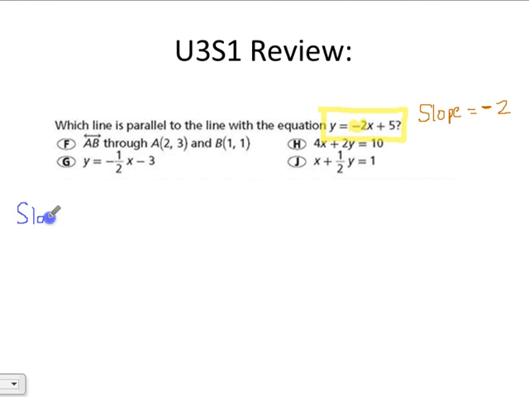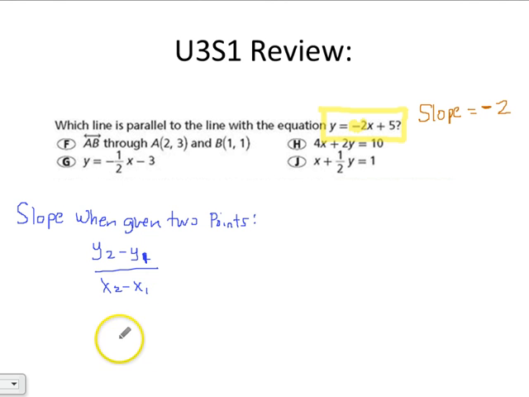So slope, when given 2 points, we find by subtracting your y terms, y2 minus y1, and dividing over the subtraction of your x terms. Slope, remember, is rise over run.